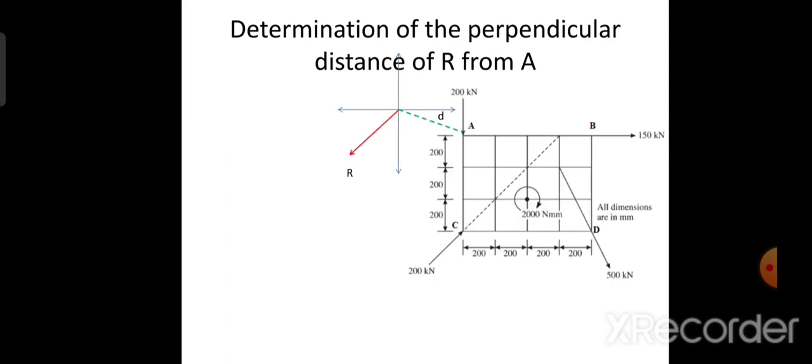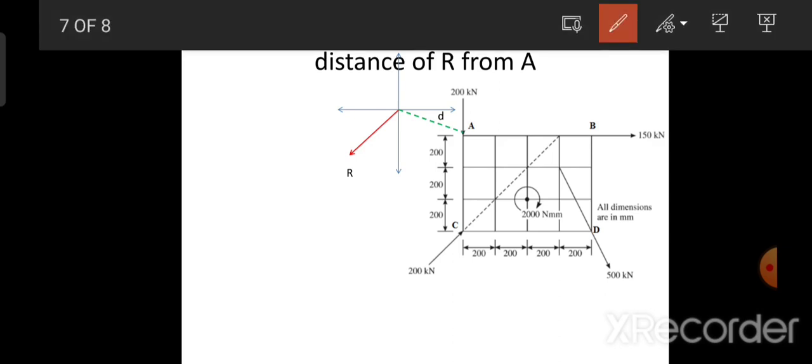Next is the determination of the perpendicular distance of the resultant from the reference point. As a whole, the resultant which I have got is from sigma H and sigma V. With reference to that, I have drawn the x and y axes.